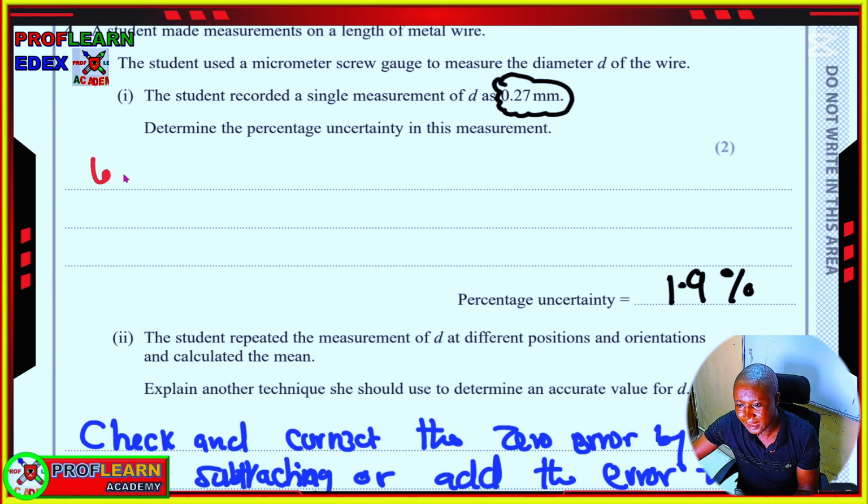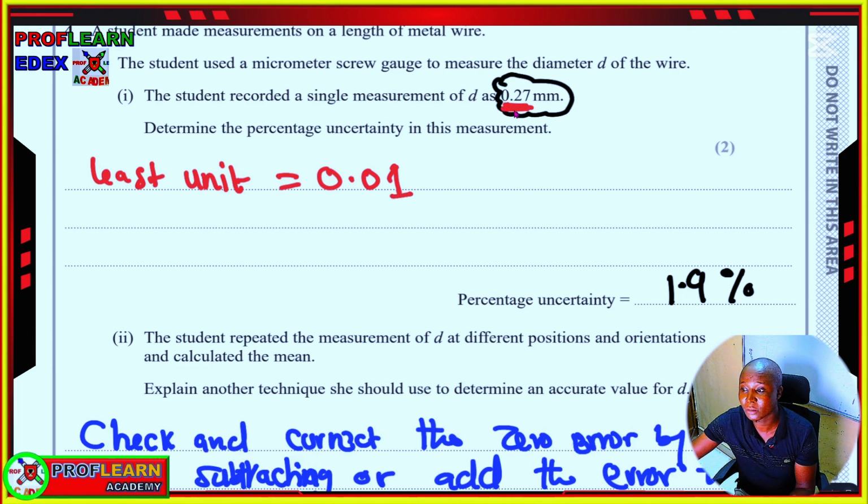Here the least measurement that can be taken by this instrument is 0.01. That's the least unit because it's in 2 decimal places. So the least unit is 0.01 millimeter, and this is also known as the resolution.